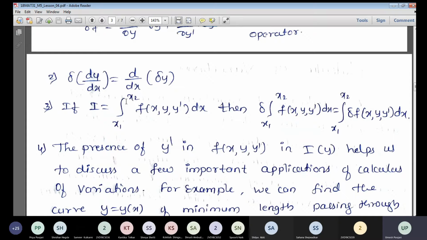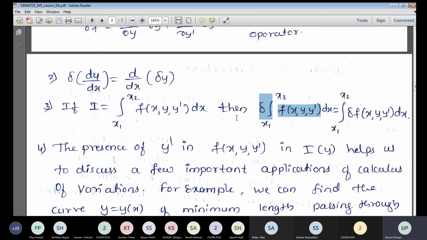Similarly, if I equals integration of f(x, y') from x1 to x2, then we can write δ of the integral of f(x, y') from x1 to x2 as the integral from x1 to x2 of δ of f(x, y'). This is just the commutative law, you can say.